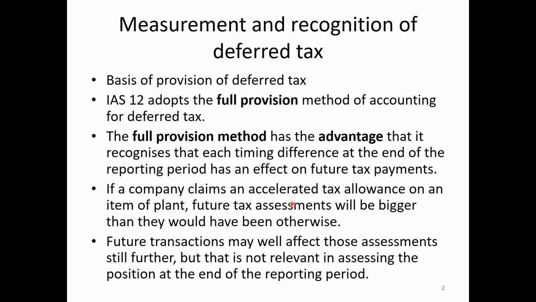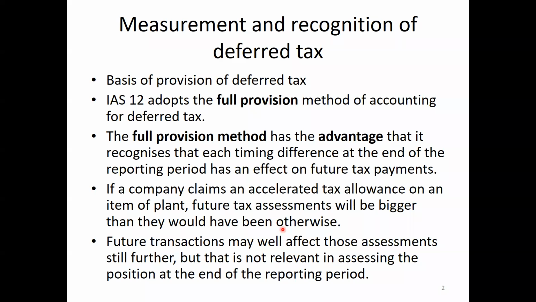Tax depreciation is sometimes called tax allowance. If a company claims an accelerated tax allowance on an item of plant, future tax assessment will be bigger than it would otherwise have been. If there is no difference between tax base and carrying amount, or no difference between accounting profit and taxable profit, we don't worry about future tax. The current tax and the accounting tax are the same.